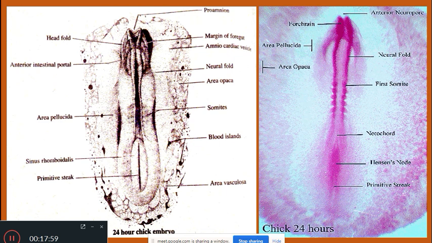I told you when the head is forming, it is not only the ectoderm which is taking part. The ectoderm is forming the head fold, but the endoderm is also forming a pocket within the ectoderm. This pocket you can see, this is the outer region which is called the head fold. In the interior, you can see a pocket formed by the endoderm.